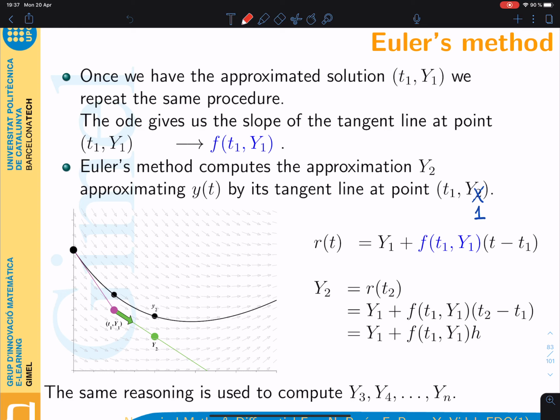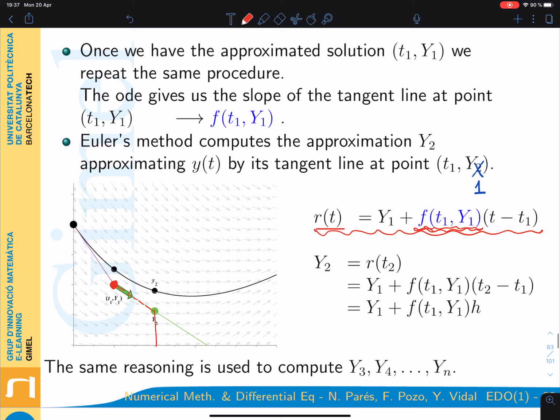Here you have the formulas, where basically we are constructing the formula for the tangent line that goes through this point, t1, y1, with this slope, the slope given at this point by the tangent vector. So we will use that line to move up to the next point where we want to approximate the solution.